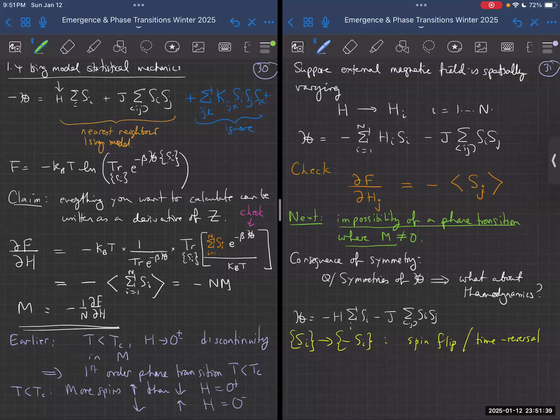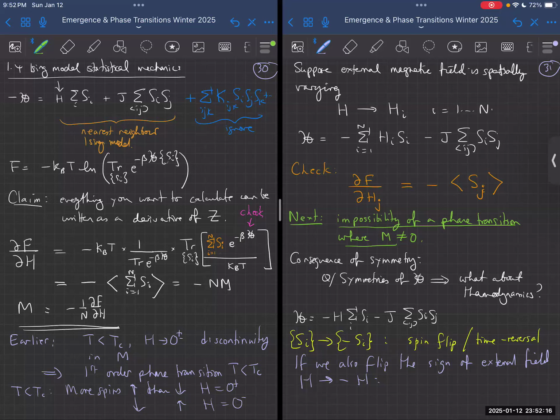And if we also flip the sign of the external field, then what happens? Well, the first term has got a minus h times the sum of a minus si, so the minuses cancel out.